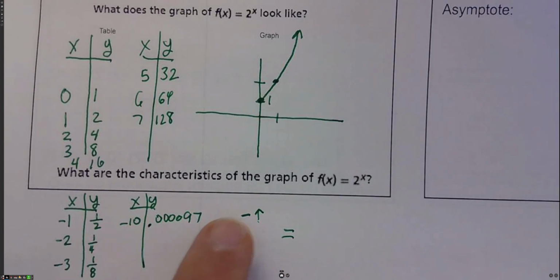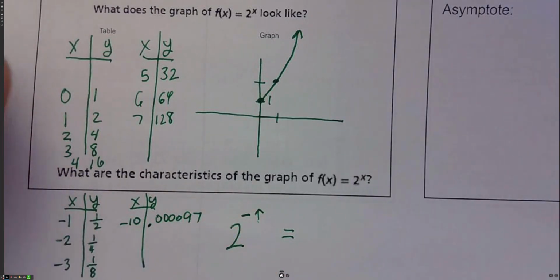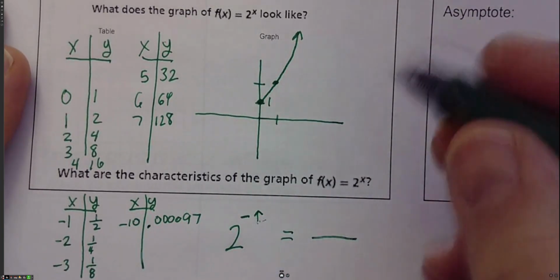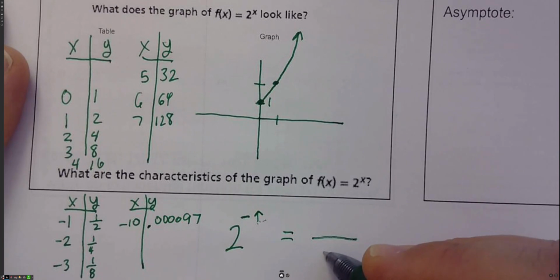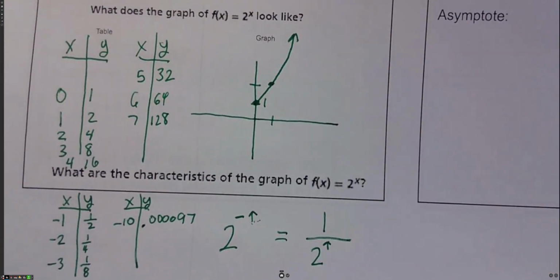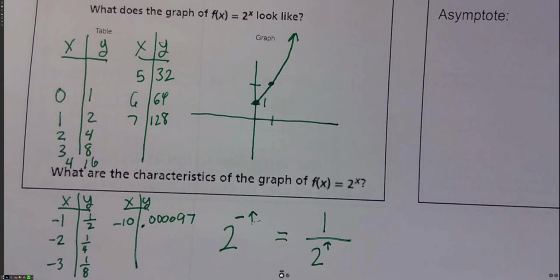So this is not a negative. This just means it moves downstairs. So what we end up with, if the exponent is getting really, really big, then we're moving the number down below, and now we have 2 to the really big number down here over 1. What is 1 over a large number? A really small positive number.